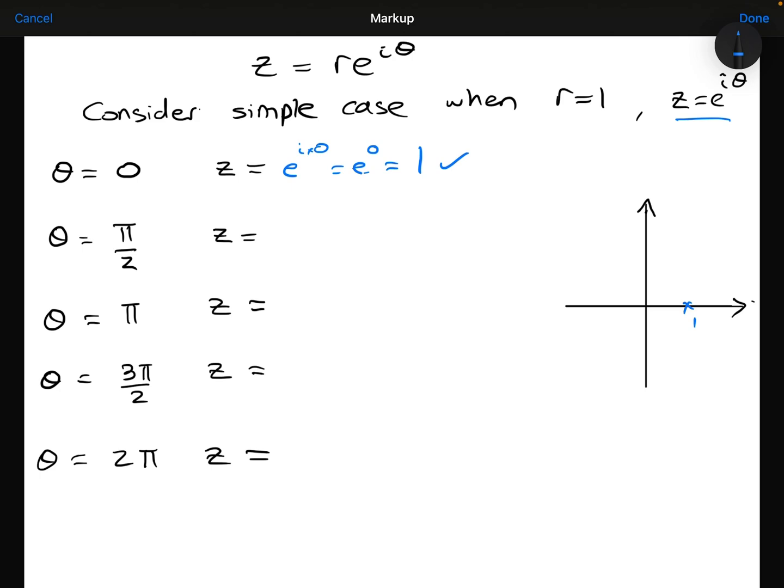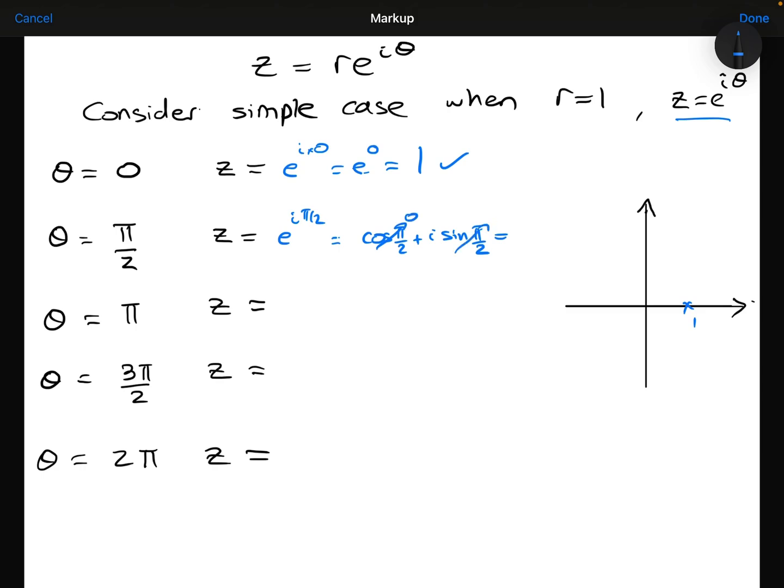If the argument is pi over 2, then I would get e to the i pi over 2. To work that out, I could write this as cos pi over 2 plus i sine pi over 2. This is me just using Euler's relationship. Cos pi over 2 is 0.